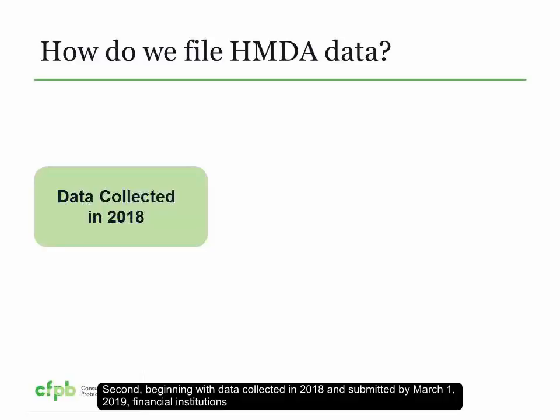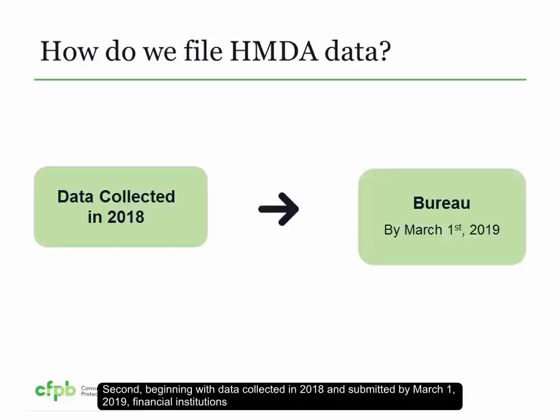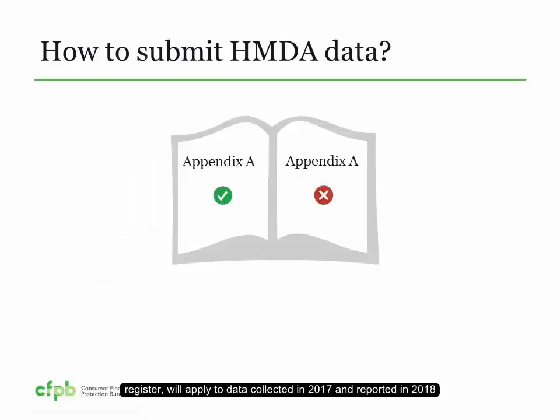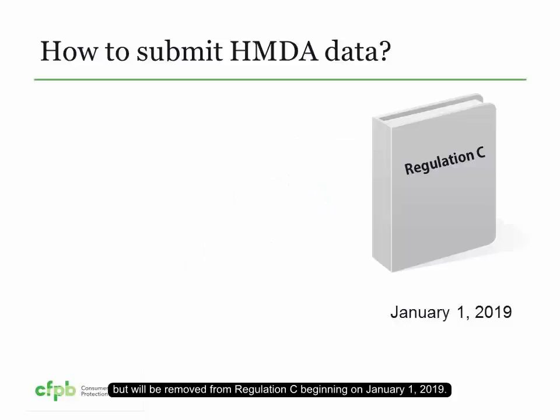Second, beginning with data collected in 2018 and submitted by March 1, 2019, financial institutions must submit their HMDA data electronically in accordance with revised submission procedures. Appendix A, which includes instructions for completing and submitting the HMDA Loan Application Register, will apply to data collected in 2017 and reported in 2018, but will be removed from Regulation C beginning on January 1st, 2019.